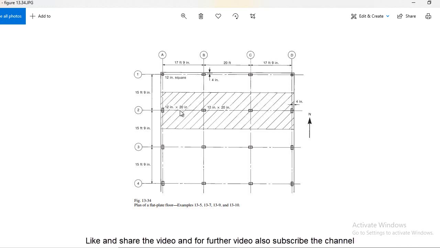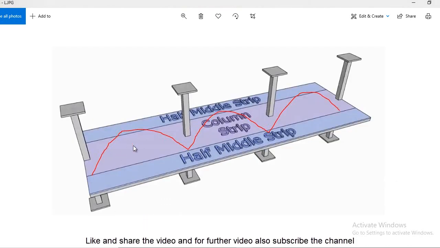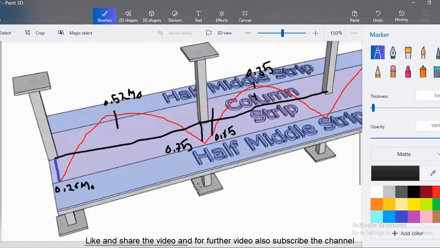Similarly, there is also a coefficient for the positive moment: 60% will be absorbed in the column strip, while the remaining 40% will go to the middle strip. Similarly for this one and this one, for all. Sorry, this is 0.70. I explained these coefficients in those lectures.